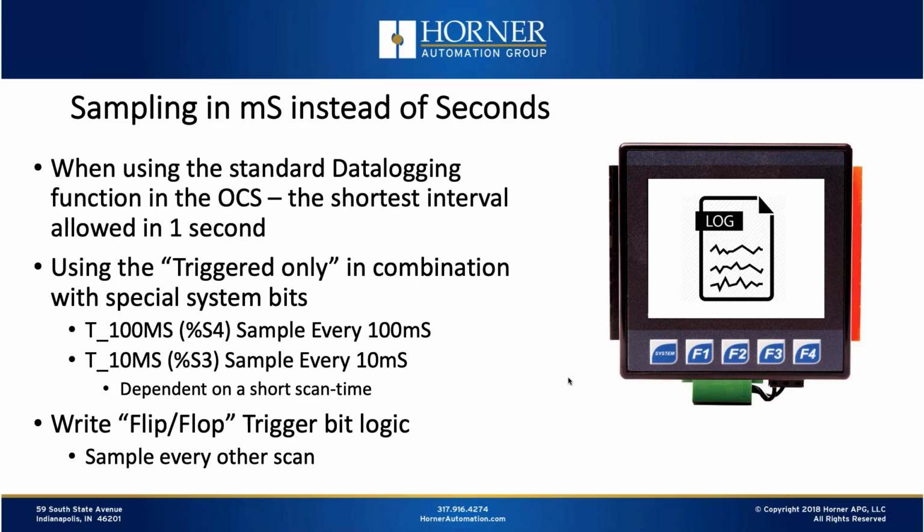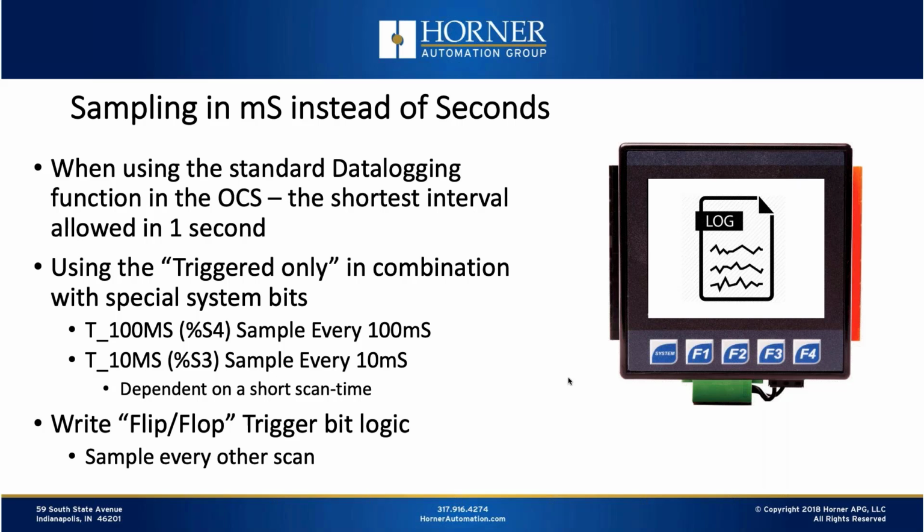And so you're probably not going to get the very best results by using the S3 bit. But let's definitely take a look at the S4 bit, which again is going to give us 10 times the normal sample rate that we could get with a time interval type configuration.